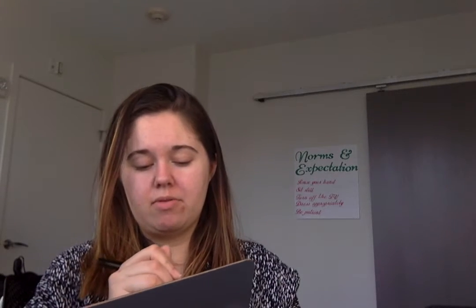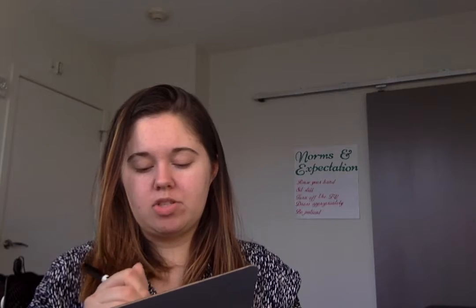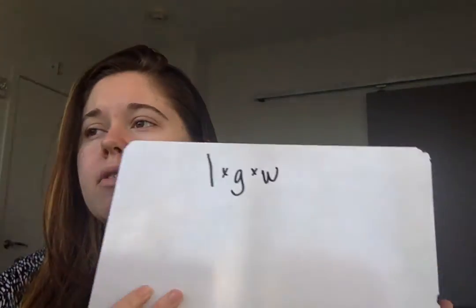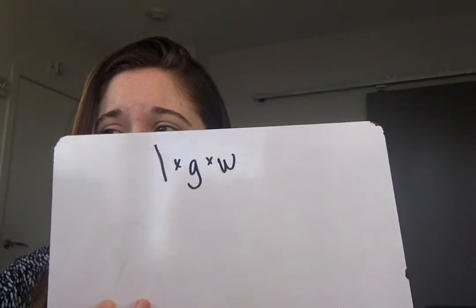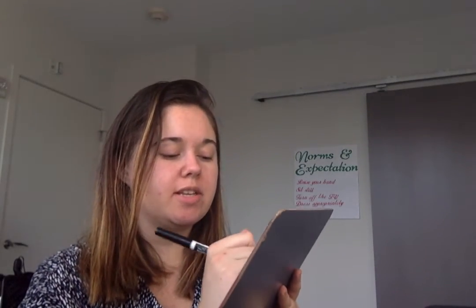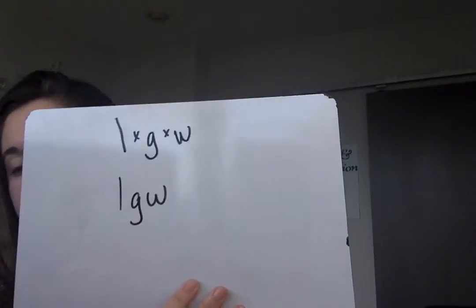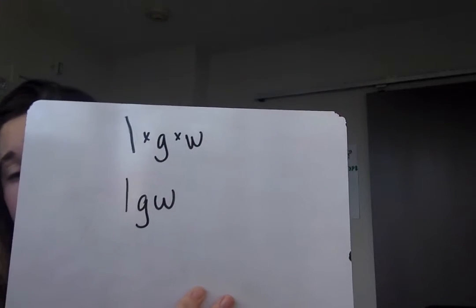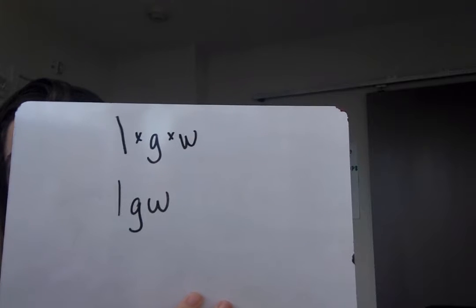E is 1 times G times W. 1 times G times W. Now, with this, we could write it this way, 1GW, right? But multiplying by 1 is an example of the identity property.